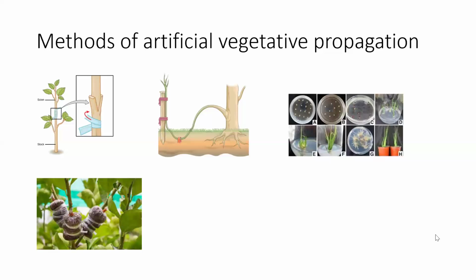As in, you get a piece of a plant from a different plant, you merge it with another plant. And you're calling this method cutting. Okay, thank you so much.